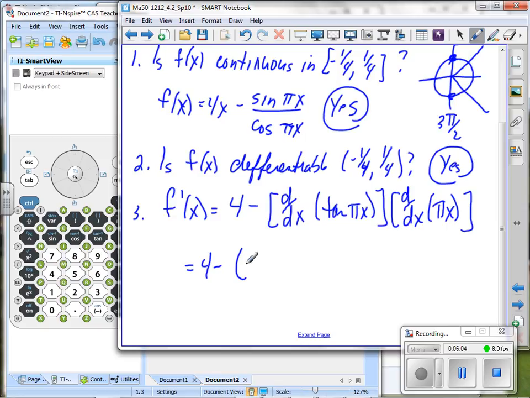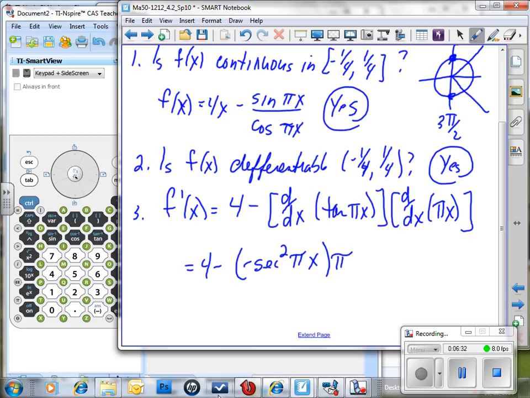According to my notes, negative secant squared pi x. Could you do that without using secant? Sine divided by cosine, go through that whole thing again. The derivative of pi x with respect to x would just simply be pi.